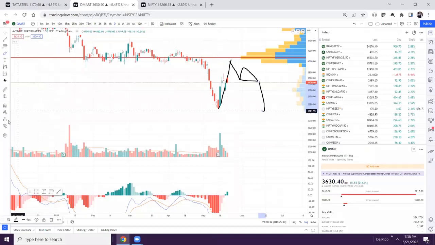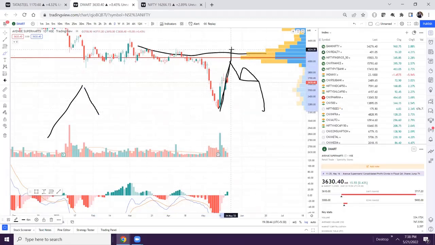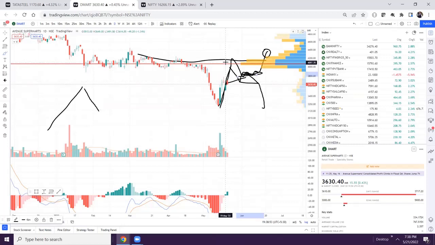What is the rule? The second wave does not retrace 100% of the first wave. So if you get a breakout like this, then this will be the point to go long with this stop loss. And the target will be above 5,000.